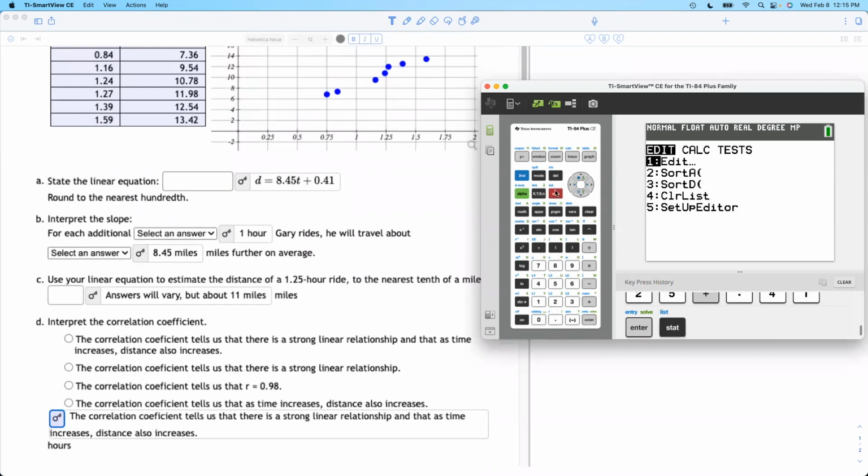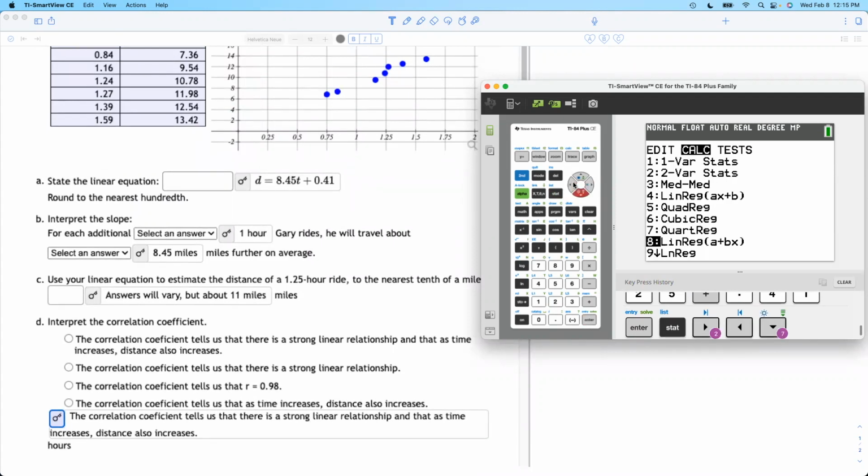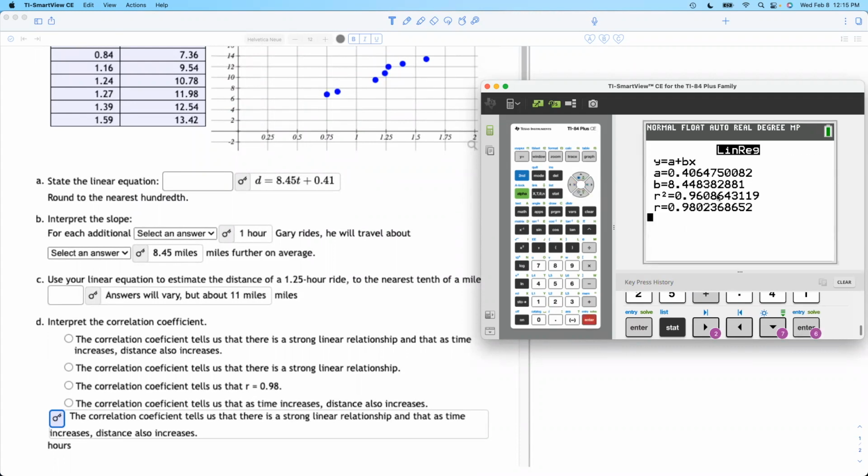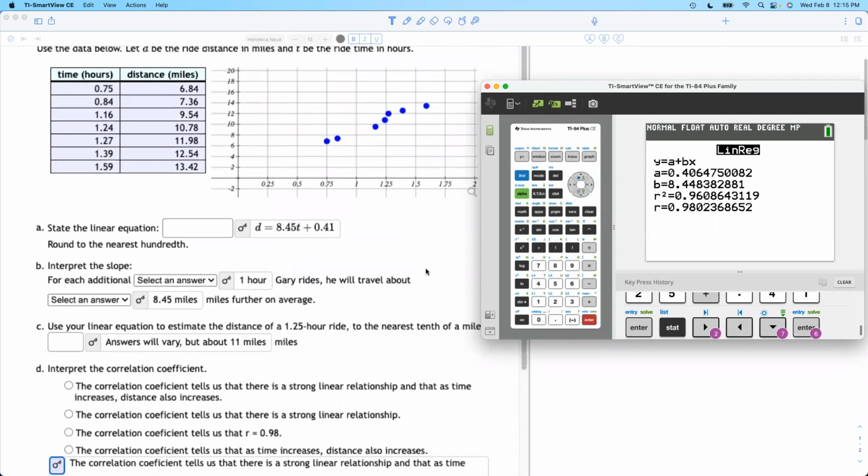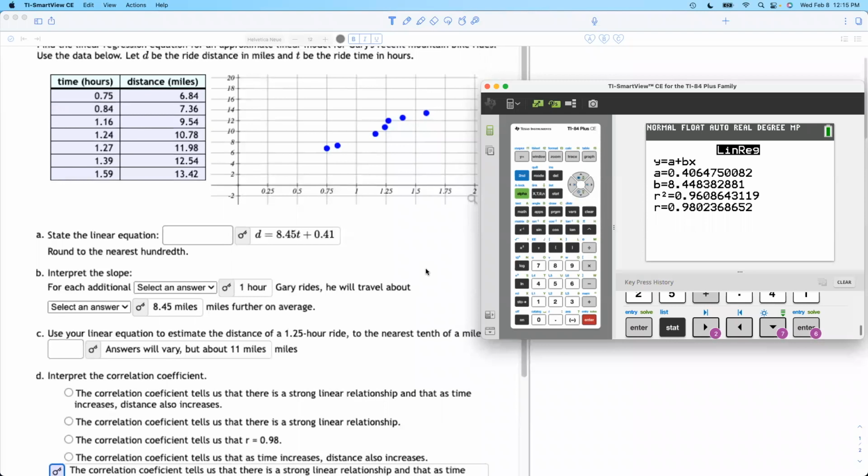Okay, what about the correlation? Here's my correlation coefficient, 0.98. That means we have a very strong positive correlation. Why did I say strong? Because it's close to 1. Why did I say positive? Because it's positive.